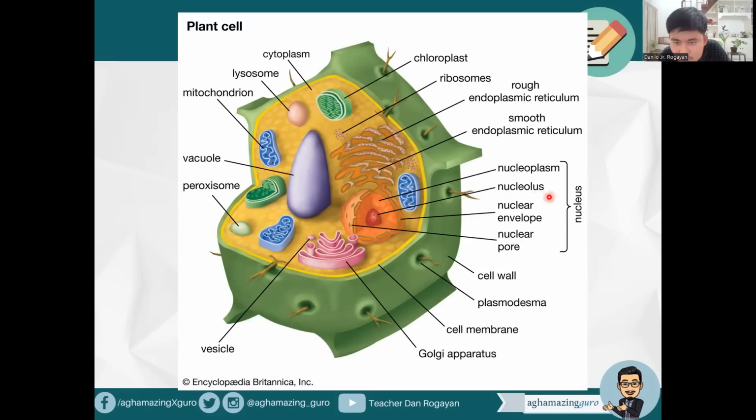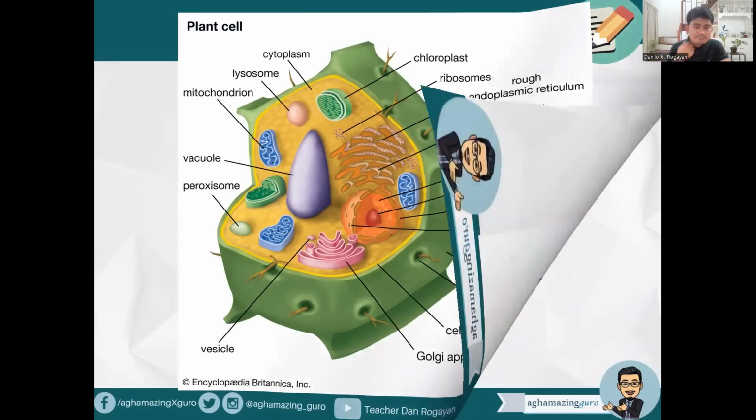Nucleus. Again, DNA synthesis, nucleus, protein synthesis, ribosome. Okay? So yun lang naman. Ano pa pwedeng tanong? Golgi, of course, that's for modifying, sorting, and packaging. Okay? And then, ano to? Vacuole for storage. Okay? So next.